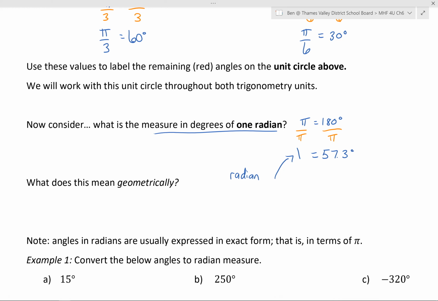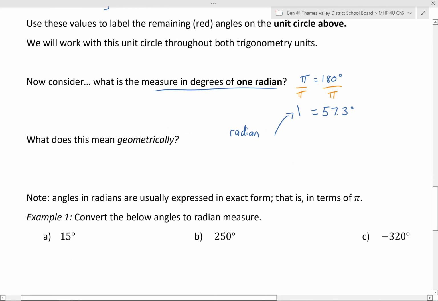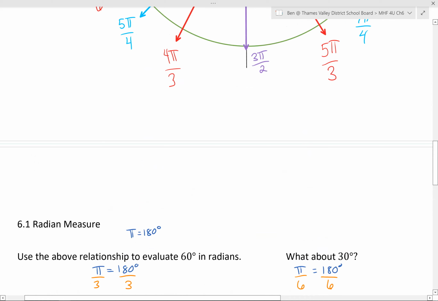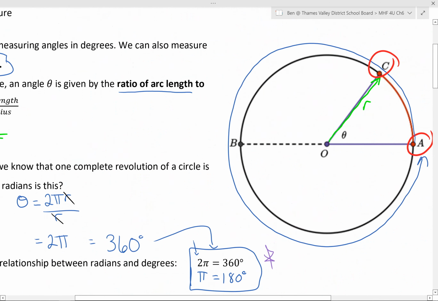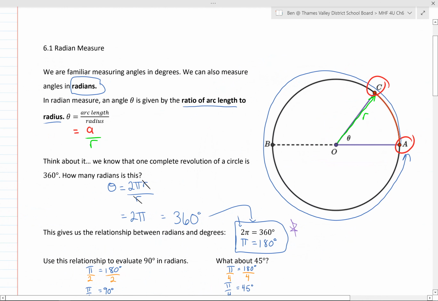1 radian equals 57.3 degrees. What does this mean geometrically? Let's consider back to this sketch with arc length. Remember, a radian is equal to a ratio between arc length and radius.